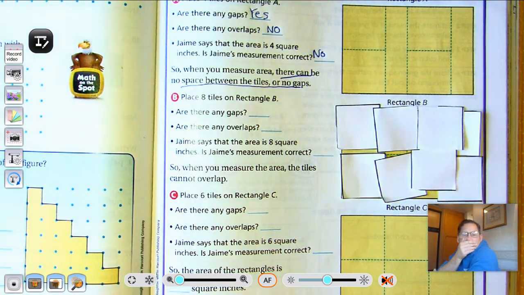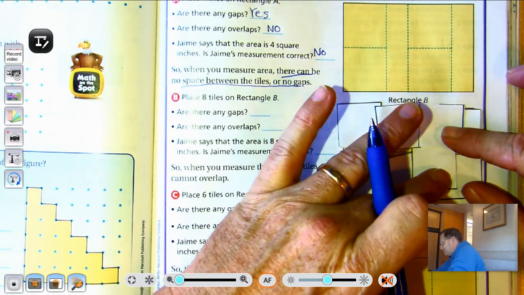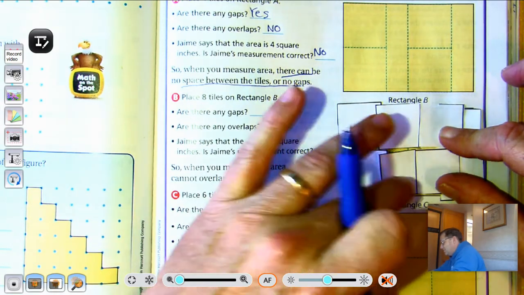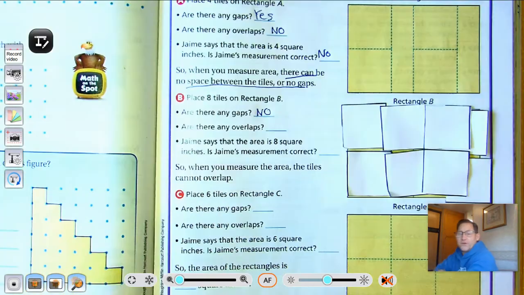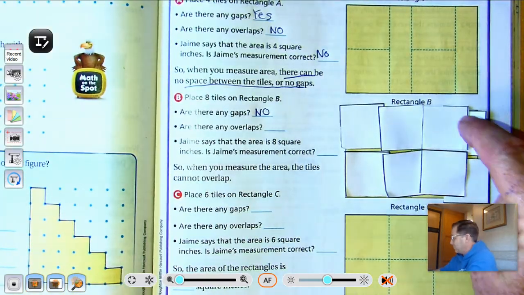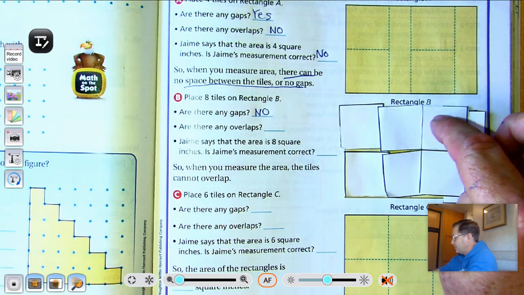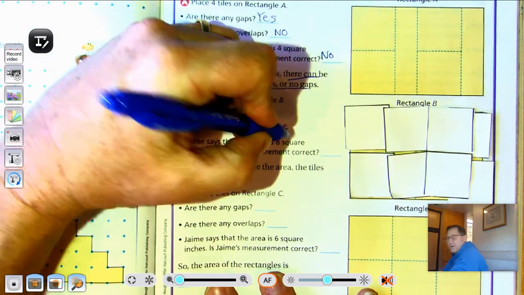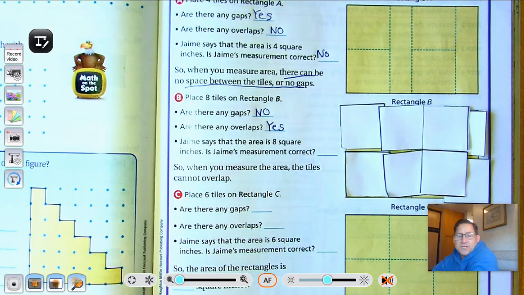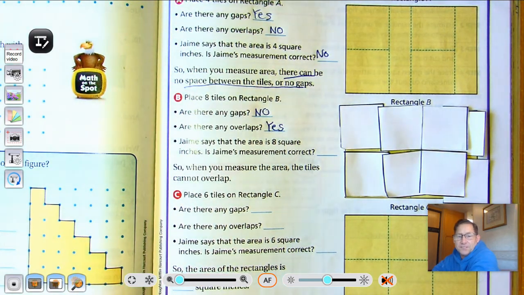All right. So are there any gaps? This is not a gap. It's just because it's loose. No, there aren't any gaps. Are there any overlaps? Yeah, this one overlaps this one. This one overlaps this one. So yeah, there are overlaps. So Jamie says that the area is 8 square inches.